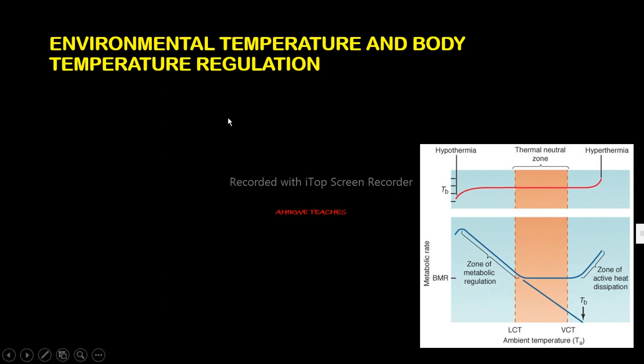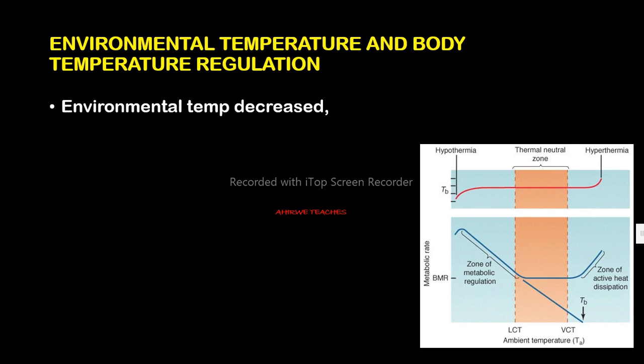We all appreciate that these endotherms are able to maintain their body temperature constant regardless of the environment. But it's not that when you keep decreasing temperature, it will be maintained. No, you reach a level and everything collapses and the organism dies.